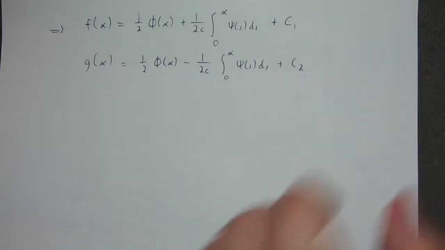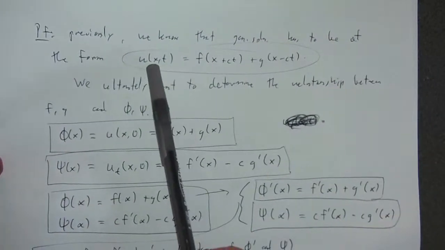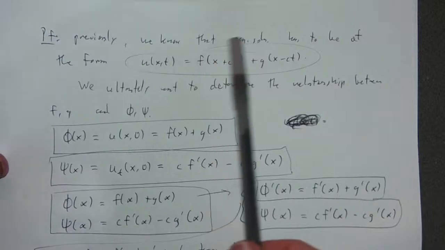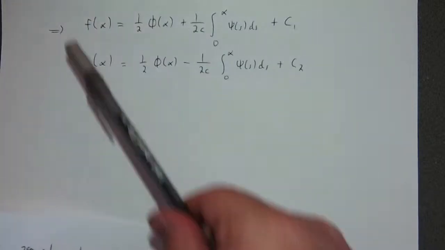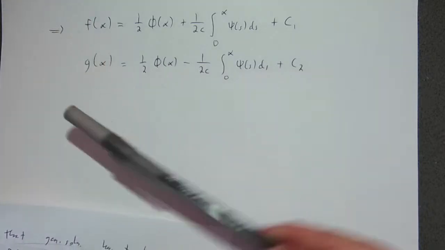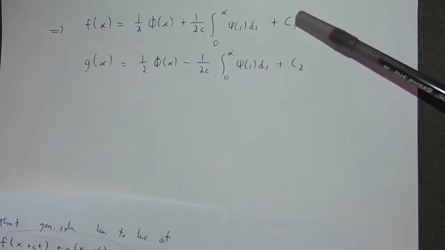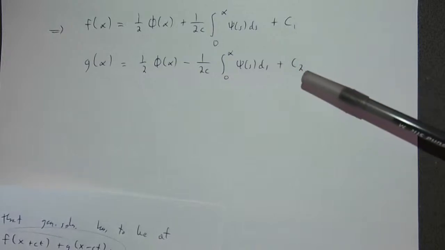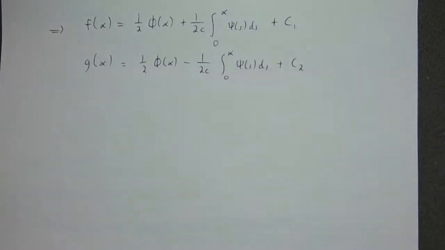So how do we determine these? Well, of course, going back to my general solution, it is a sum of f and g. So I'm going to be adding these two things together. In the sum of these two things, I actually don't care about c1 and c2 individually. I just care about their sum.